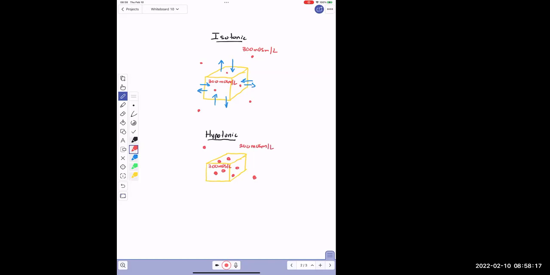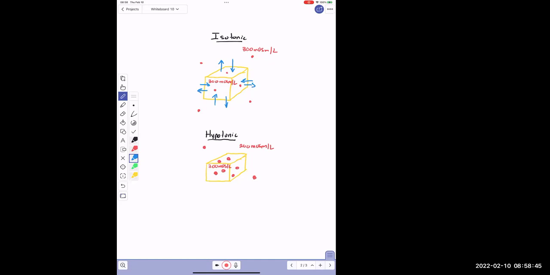So let me ask you all a question. Where do you think the water is going to go in this situation? Inside of the cell. Yeah. The concentration of solute is higher inside of the cell than outside of the cell. And remember, the solute would like to get out of the cell, but it can't because it can't go through the semipermeable membrane very easily.